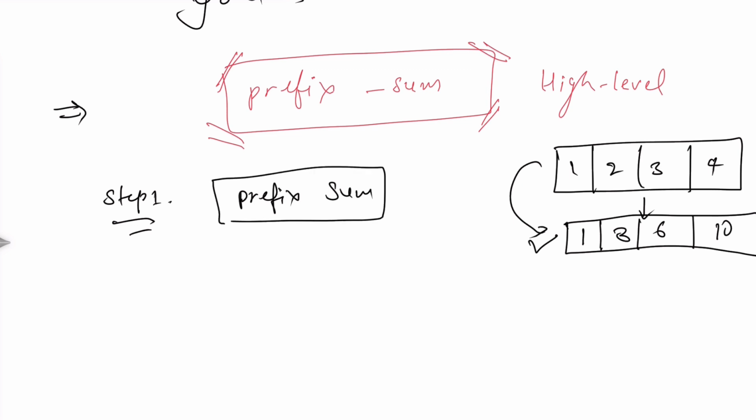Now we want to do the prefix sum, and to do that, we can create a profit sum. We'll say that for i plus 1, it is the summation of the prices.